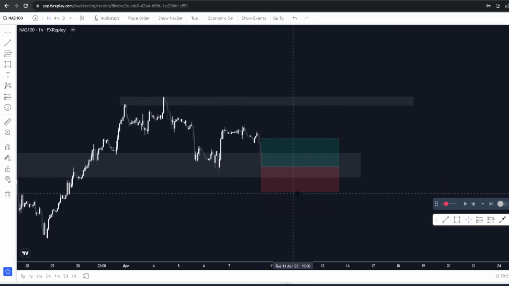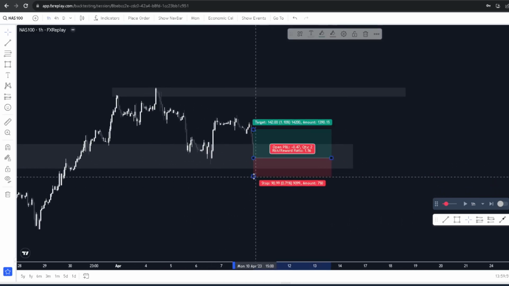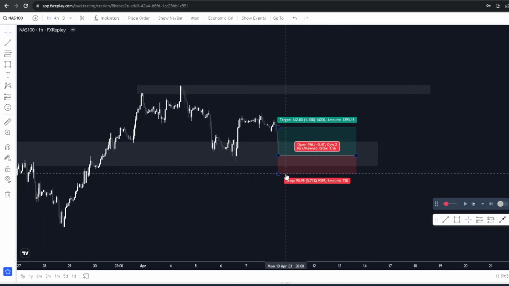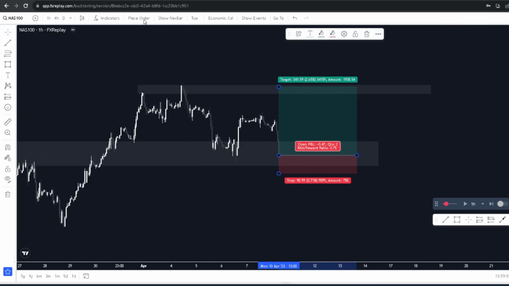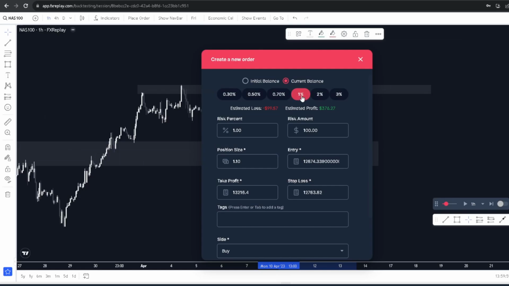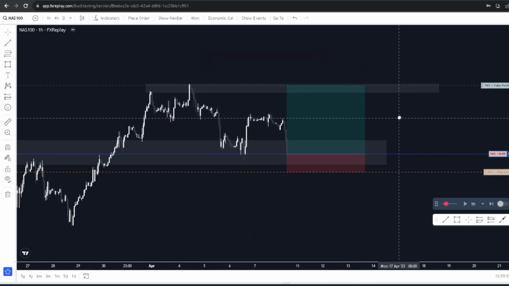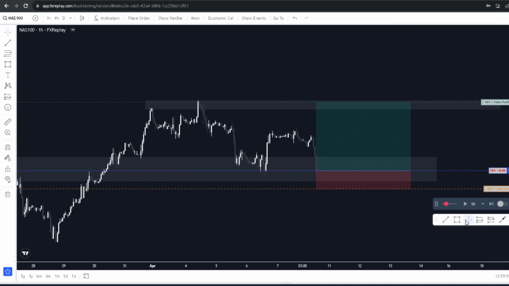The easy thing with support and resistance is it's always either below the support level or above the resistance level. We will place our stop loss just below the support level, and we will place our take profit at the resistance level. Let's enter our trade. We will risk a lovely 1% of our account, which is $100, and we are in our long position.